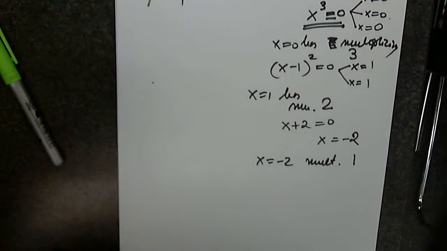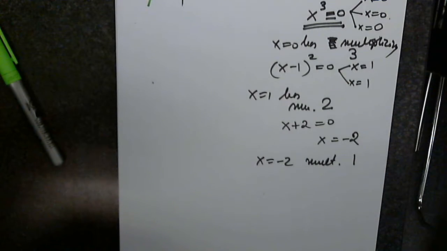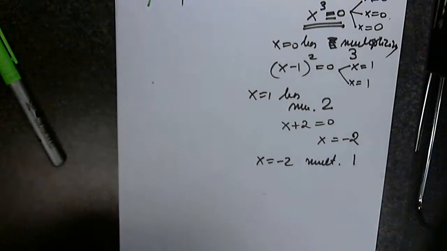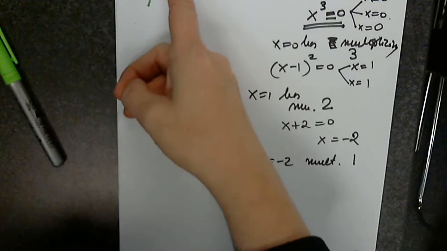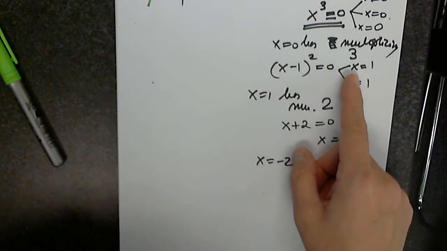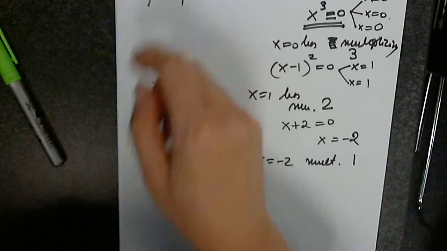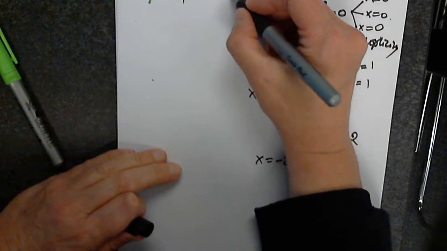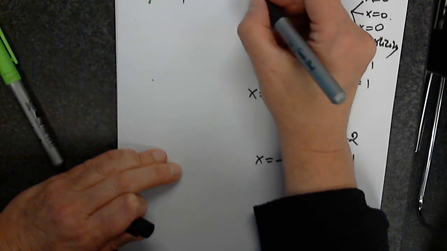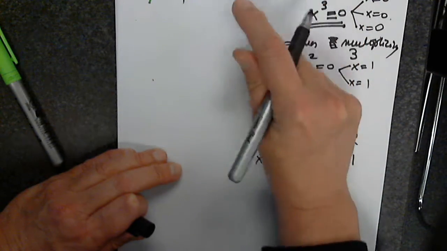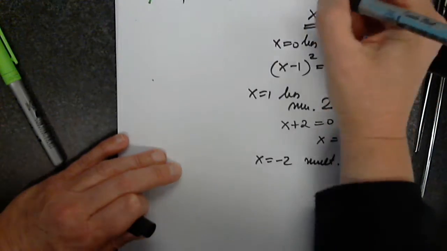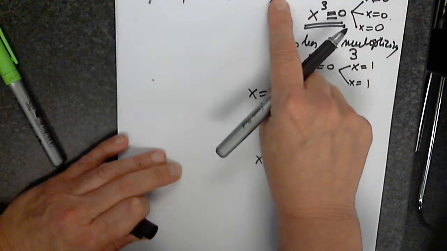Will it cross the x-axis or will it turn on the x-axis? Yes. All odd multiplicities, if the solution appears once, is a normal cross. If a solution appears 3 times, it's a smooth cross, something like this. Not fast, go slowly. This is multiplicity 3. This is multiplicity 1.